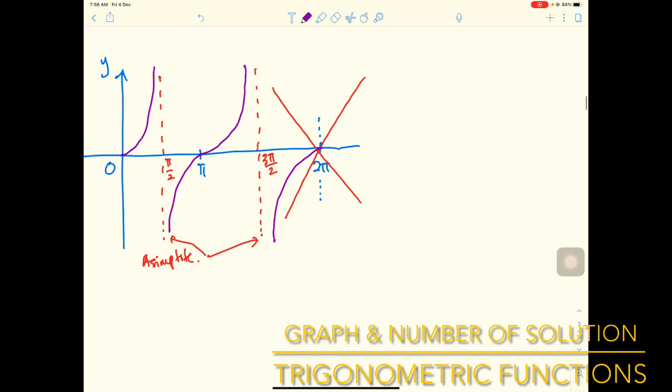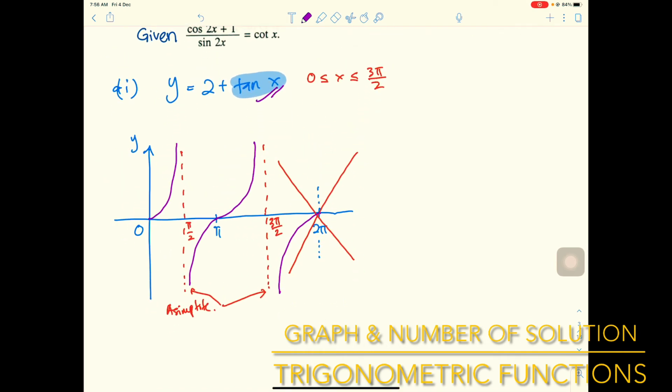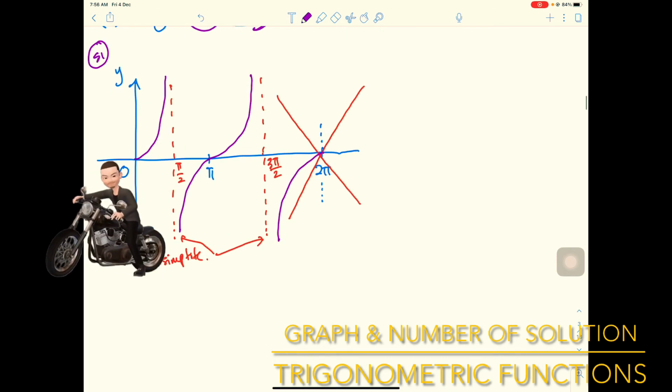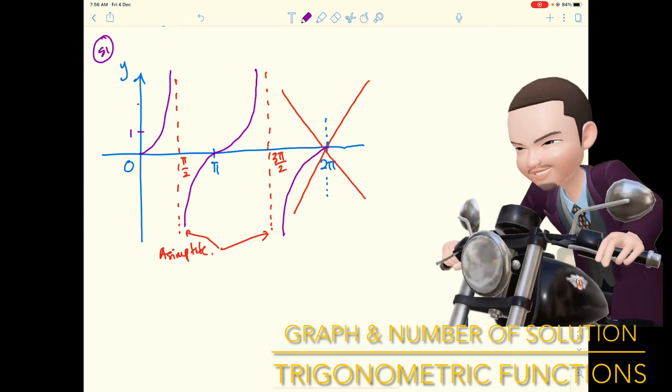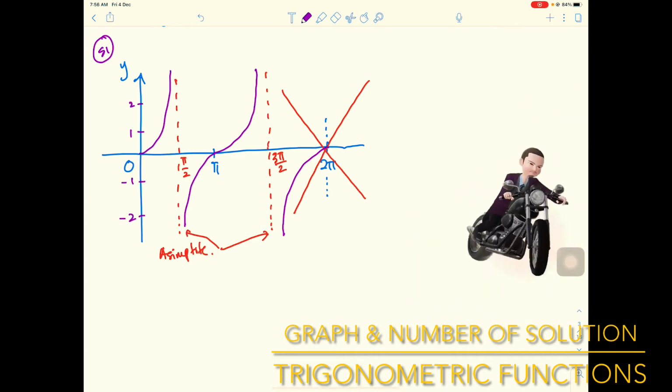Right, so finish. This is the basic graph. First, I forgot to remind you: first, draw the basic graph. So this is the basic graph for tangent x, and then the next step is plus 2. Let's say this is 1 and 2, negative 1 and negative 2 for the amplitude.